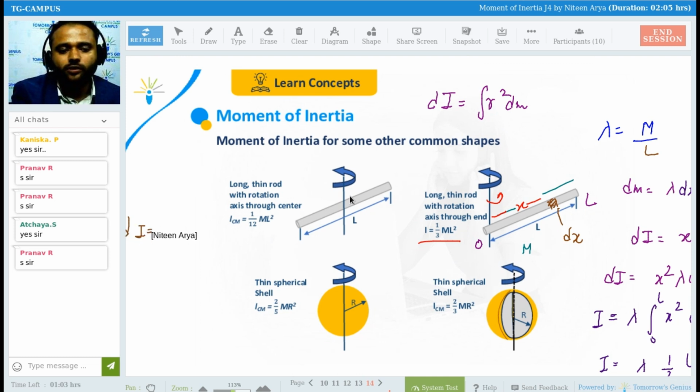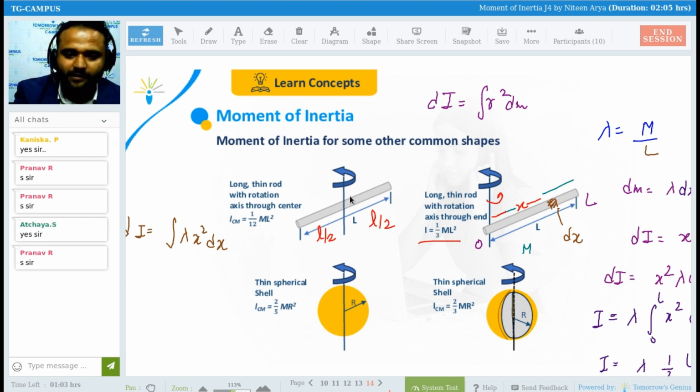In the same sense, if I want to find it for this case, everything remains the same. dI is going to be this integration, rho x square dx. But the main thing that changes here is the limit, because now I can choose the axis directly at the midpoint. So if it is a rod of length L, this is L by 2 and this is L by 2, isn't it?